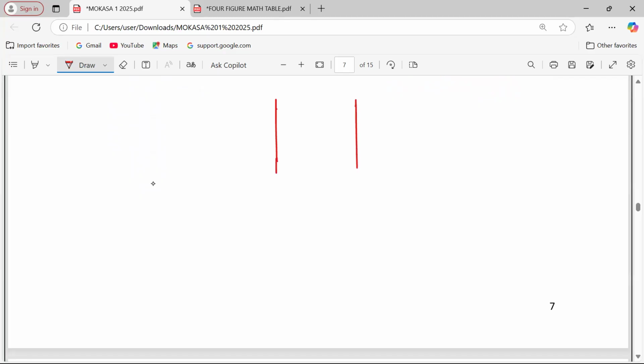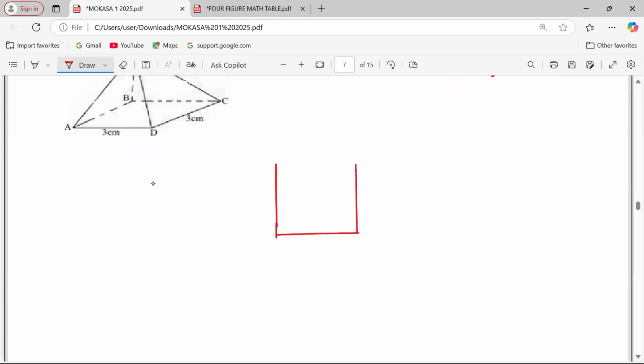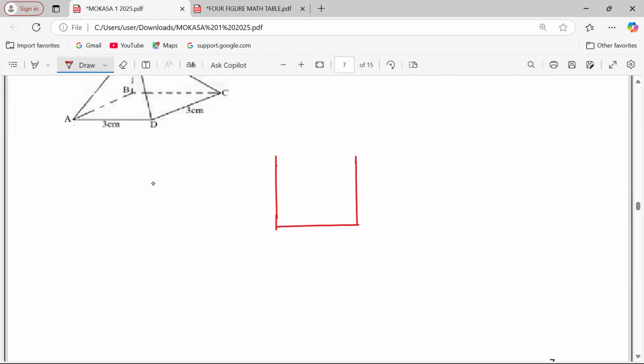The square base is having a 3 by 3. So we have a 3, 3.